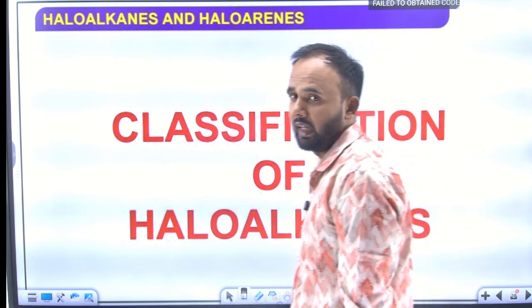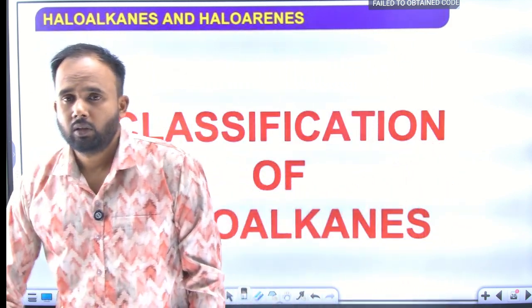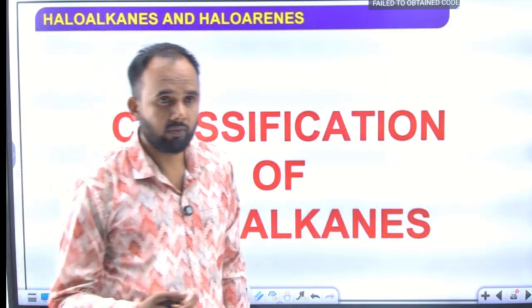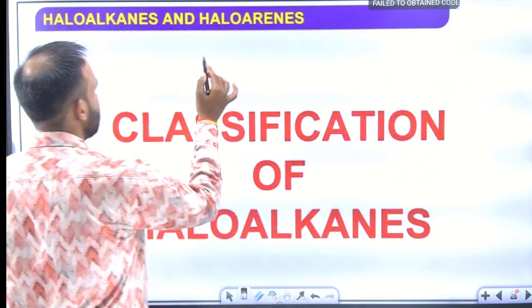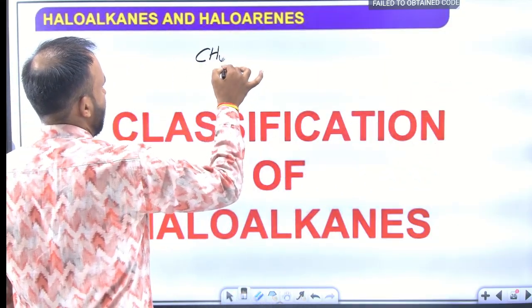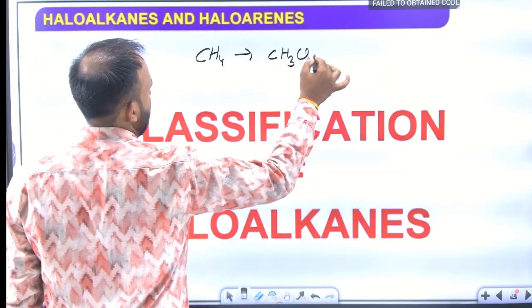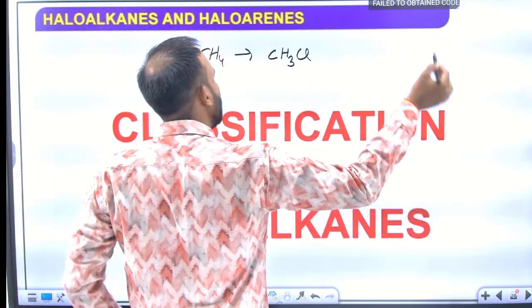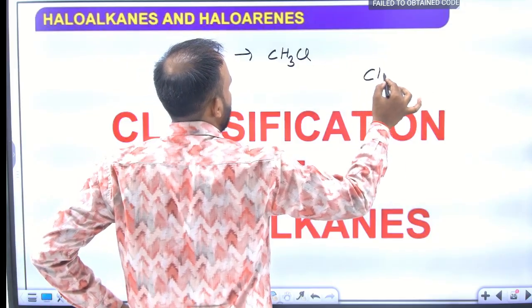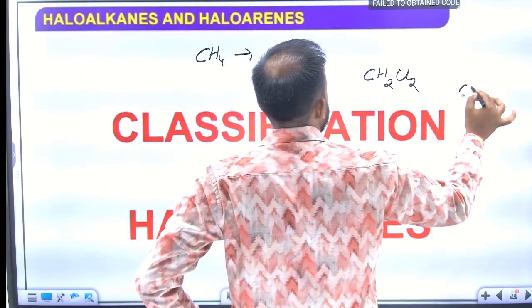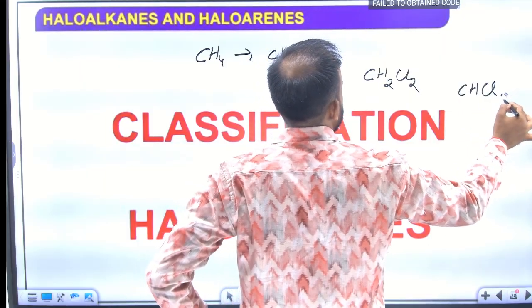Next, classification of haloalkanes. Now we can make different kinds of haloalkanes. If I take CH4, it may convert into CH3Cl. If I remove more than one hydrogen, then what will happen? CH2Cl2. If I remove one more hydrogen, then what will happen? CHCl3.